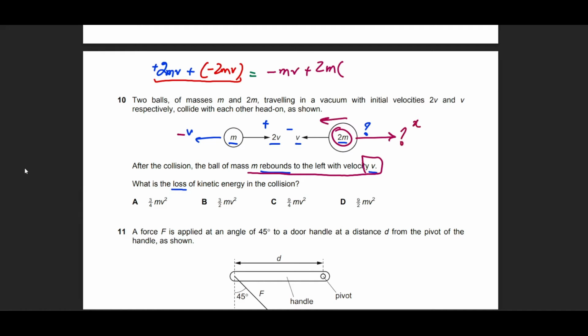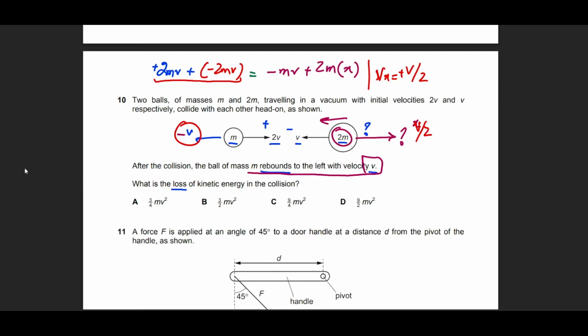So I'm putting this velocity as x. Now when you solve this, you will realize that this velocity x, or let's call this vx, comes out as v by 2. Or you can say that this is actually moving towards the right side with a positive sign, half the velocity.